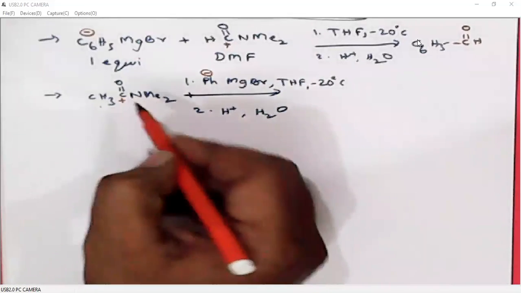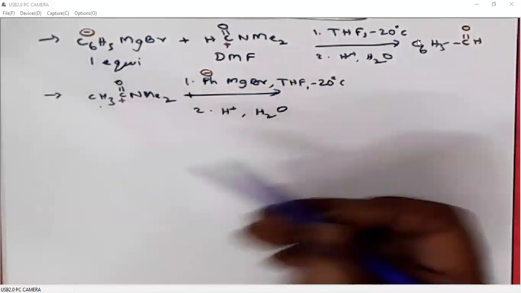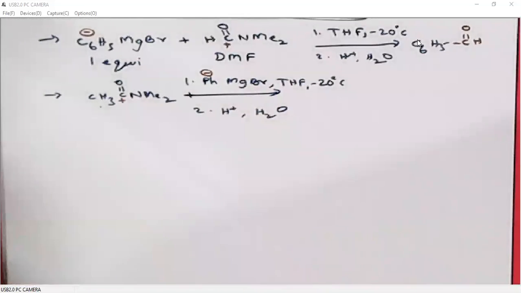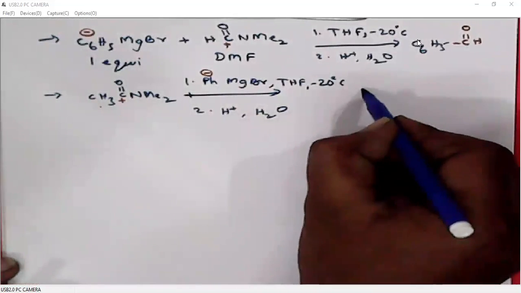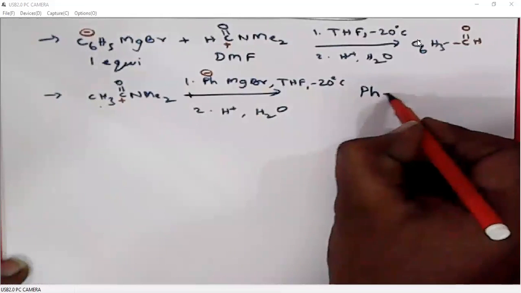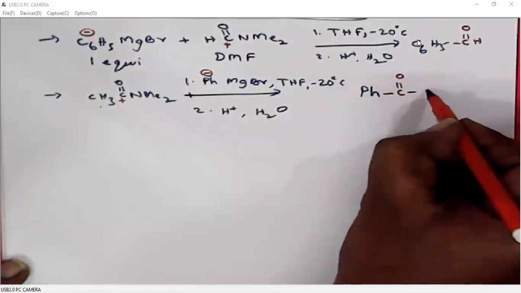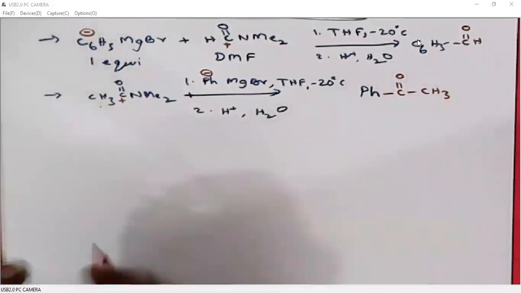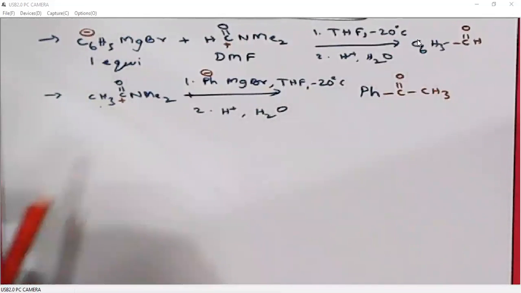So this NMe2 will be leaving. Here what we will get is Ph from Grignard reagent and COCH3 from amide.